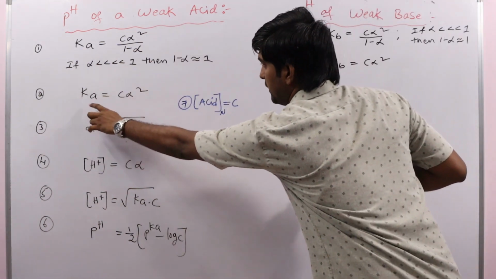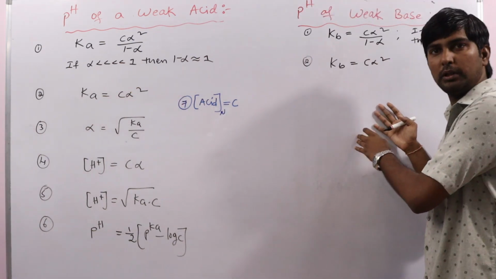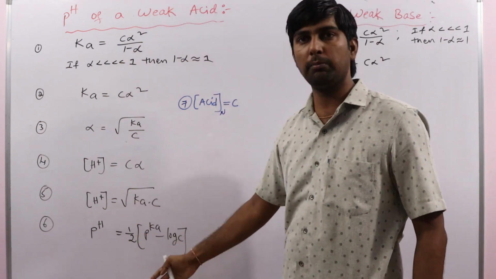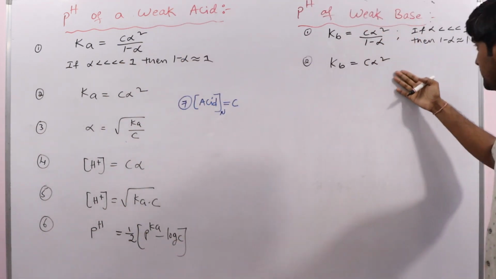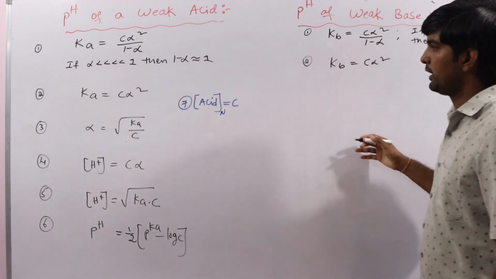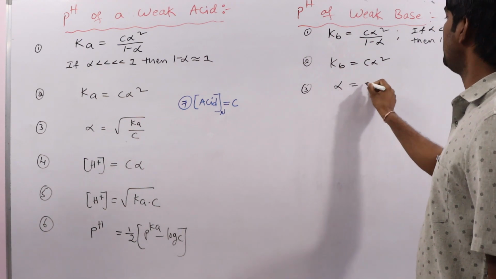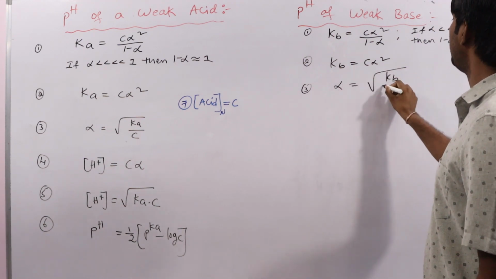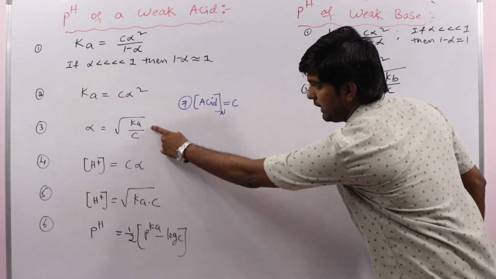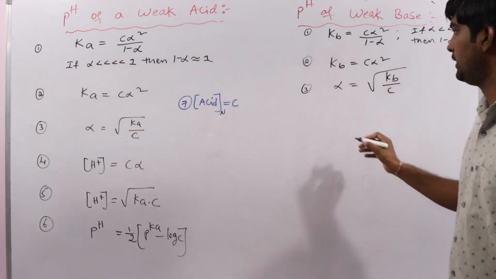If you remember this, in the place of Ka you just get Kb. In this way, try to remember the formulas. If you remember these formulas, no need to work out the pH of weak base formulas specially. Next, we get alpha equal to square root of Kb by C. Here we have Ka by C, here we have Kb by C. That is the only difference.